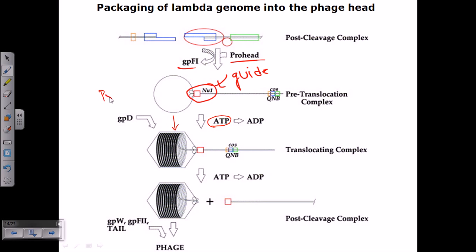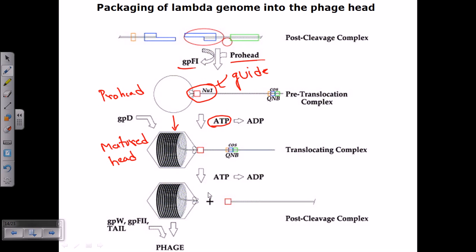So it was a prohead of the phage previously. Now it's a matured head here. So maturation of the head is also going on simultaneously during this packaging. But the packaging initiation is important to further modify the prohead into the mature head, right? So as this packaging is going on, ATP is required, and hydrolysis is providing the energy.